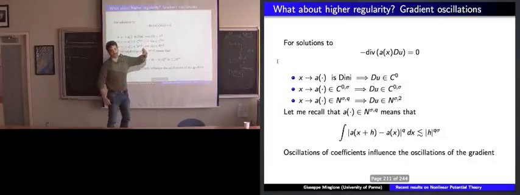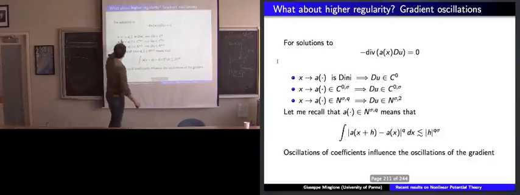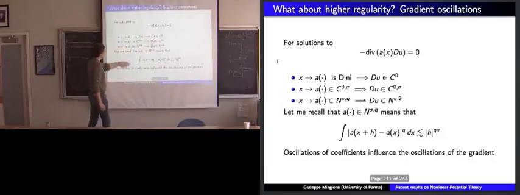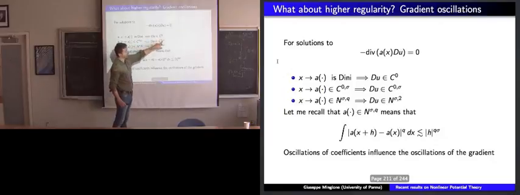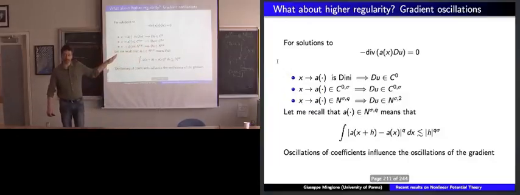In particular, if you want to get that u is Hölder, is continuous, then a of x must be continuous. If you want to get that the gradient is C0 sigma, then a of x must be C0 sigma, and this is Hölder theory. So the second line is the famous Hölder theory.